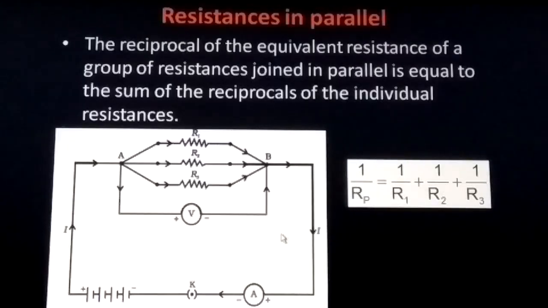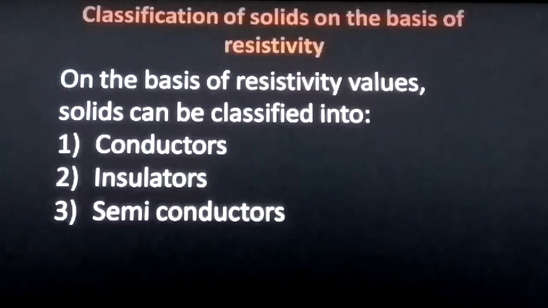Okay students, I think you have understood resistance in series and parallel, and the properties or characteristics in series and parallel. Now we will just recall what we have learned in this class. We have seen how solids are classified on the basis of resistivity: conductors, insulators and semiconductors.